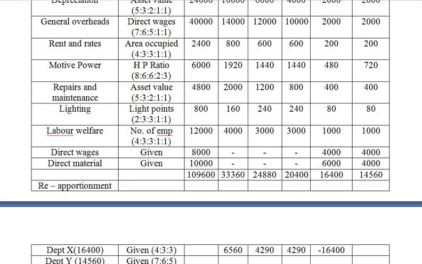Now it is 5,662, then 4,853, and this is 4,045, right? So here it is nil, and here it is minus 14,560.